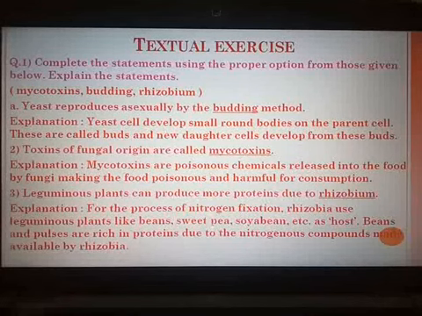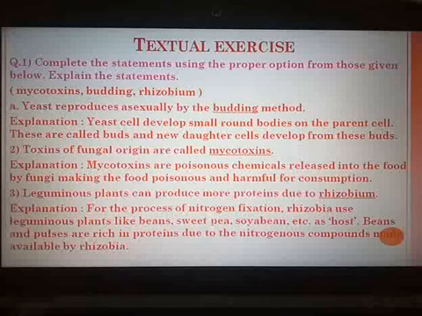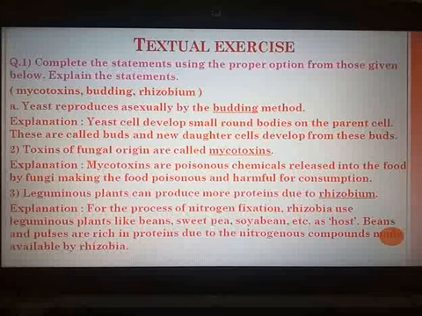You can just modify the statement and you can write. Rhizobia produce nitrogenous compounds from atmospheric nitrogen. No need of writing that part. For the process of nitrogen fixation, from there up till made available by rhizobia is your explanation.